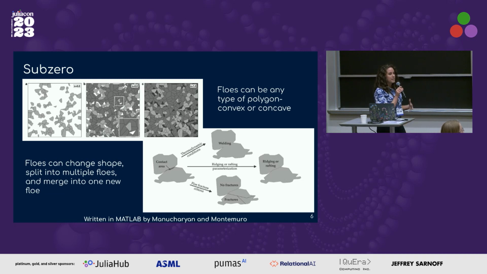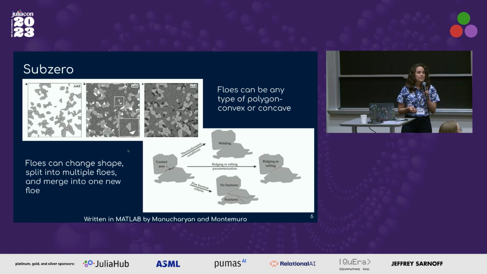This is Subzero. And basically what Subzero does is every ice floe is a polygon. We can have convex or concave, and in the top you can see different configurations with different percentages of sea ice, 30, 90, 100. And in this little cutout, you can see both convex and concave floes.